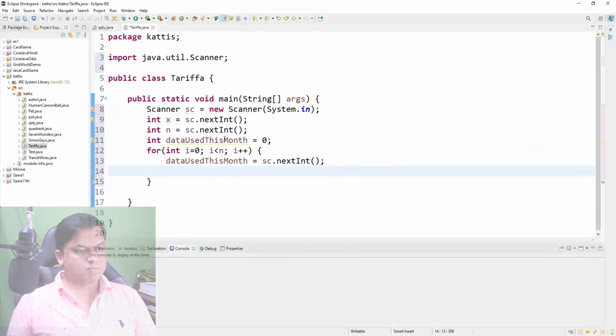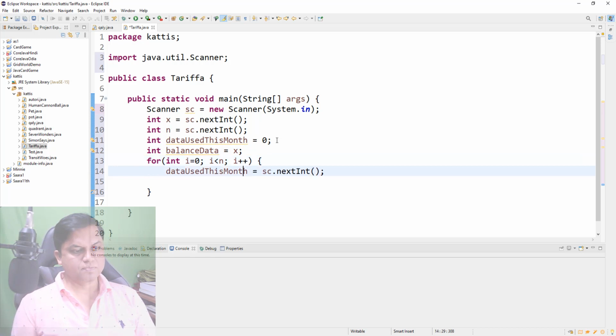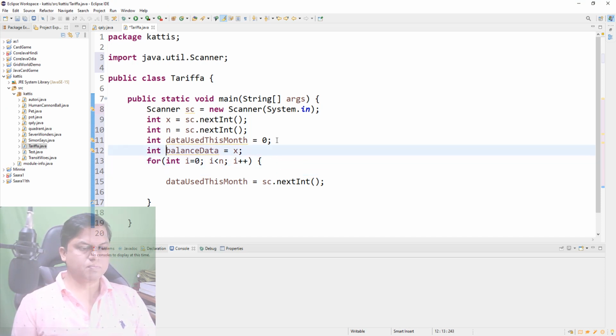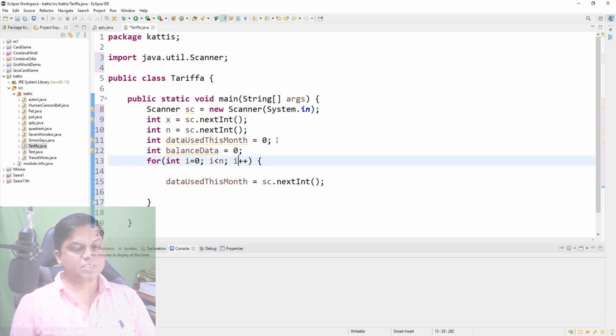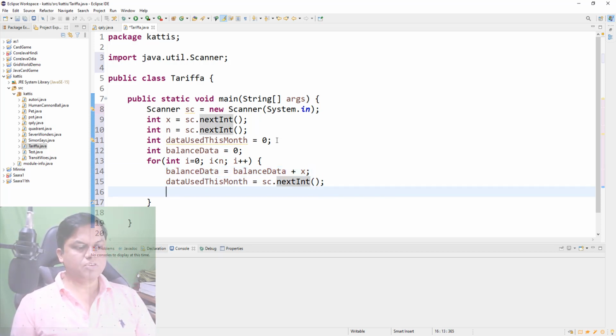So let us take another variable, balanced data. So balanced data equal x. Now let us make it 0 at first. Then here balanced data equal balanced data plus x. Okay, this month's quota. Then data used this month.